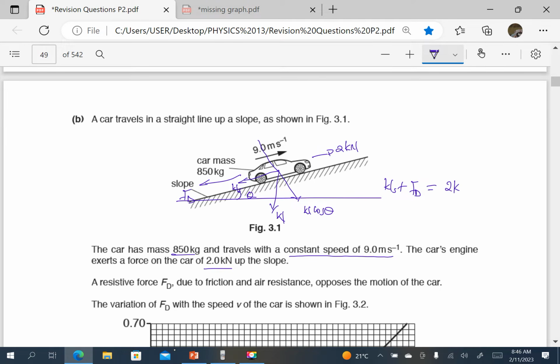The component of the weight down the slope plus the resistive forces, that is friction plus air resistance or another resistive force Fd down the slope, should give us the force upwards, because the resultant force must be 0.